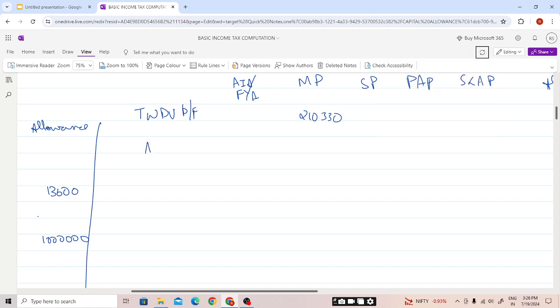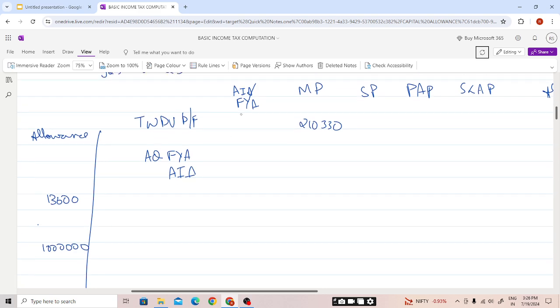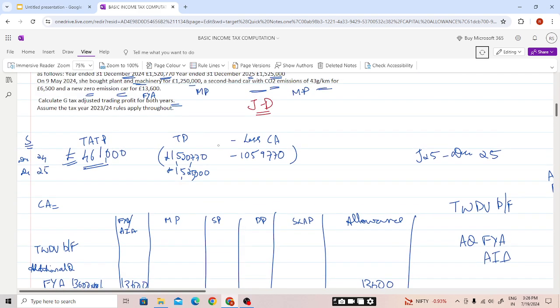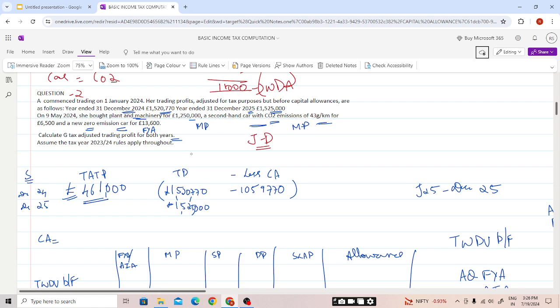Now additions qualifying for FYA or AIA: nothing, we have not purchased anything. See students, we have only purchased in 24. In 25 we have not purchased anything.